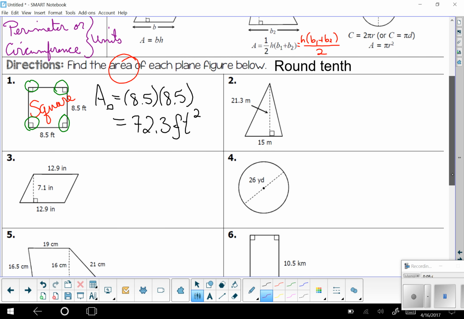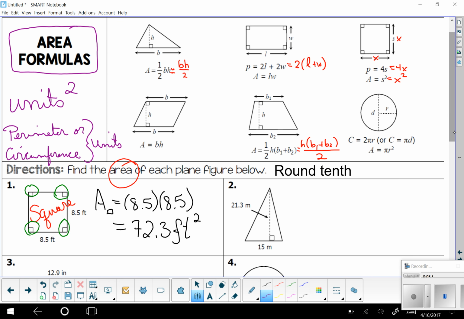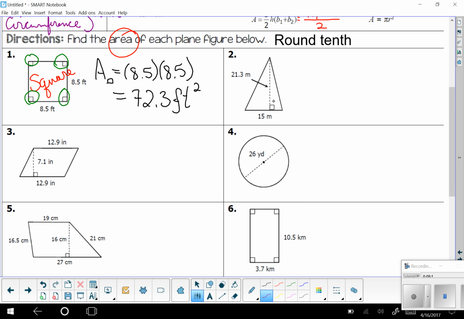Okay, so for number 2, because this right here is 90 degrees, we know that this right here is the height. So the area of the triangle is going to be, now I preached this last chapter, I'm hoping you took my advice for this chapter, write the formulas down. So base times height divided by 2.